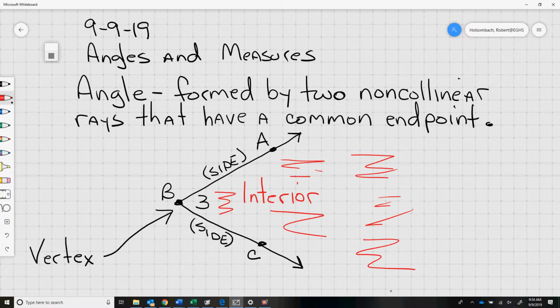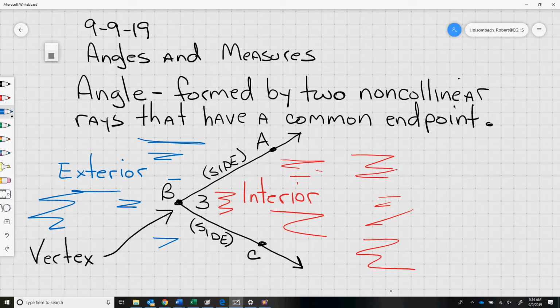This region outside the angle is called the exterior. If you were to shade all of this out here blue, that's all the exterior of the angle. So you've got a lot going on in an angle: a vertex, two sides, an interior, and an exterior of the angle.